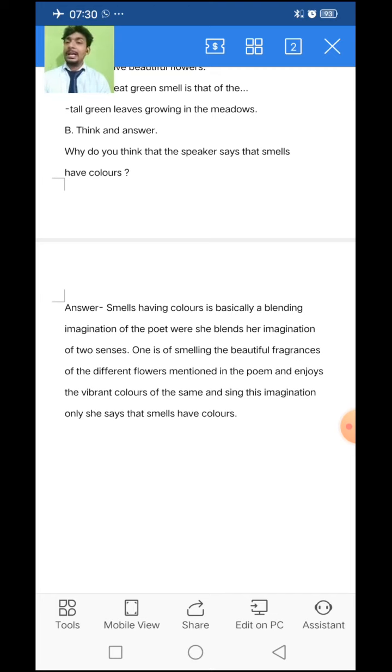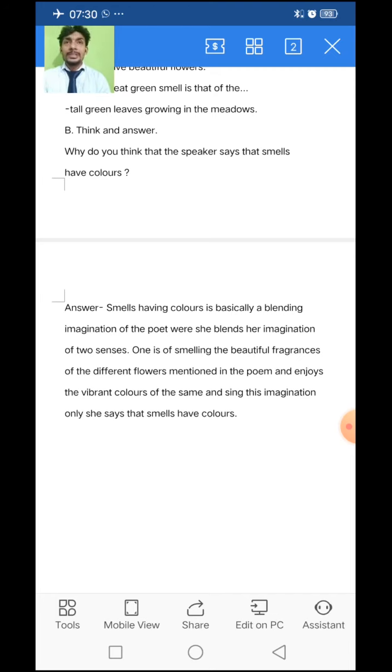We also have seen the mention of different types of flowers of different colors. I tried to show you all those flowers through pictures in the previous video.